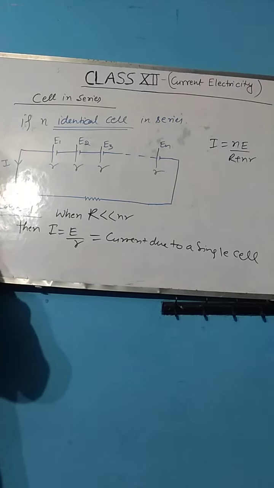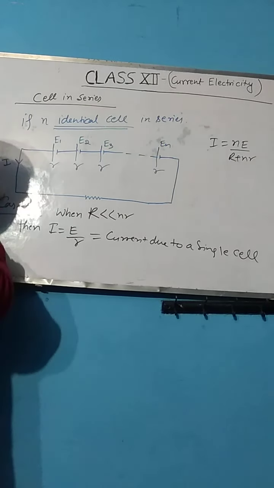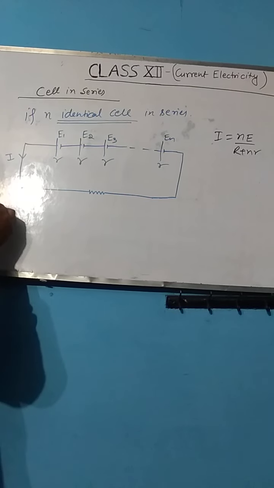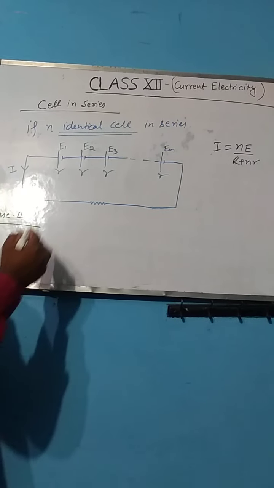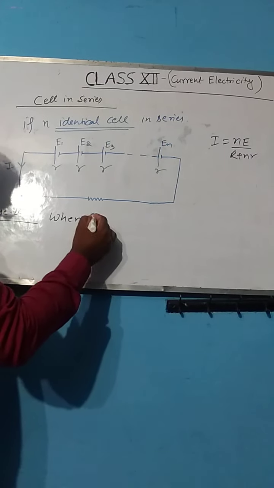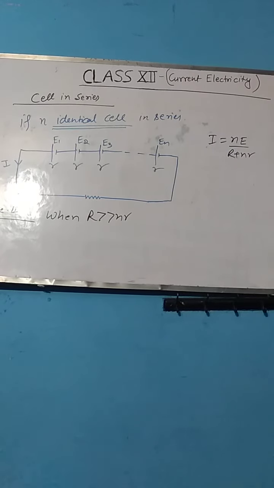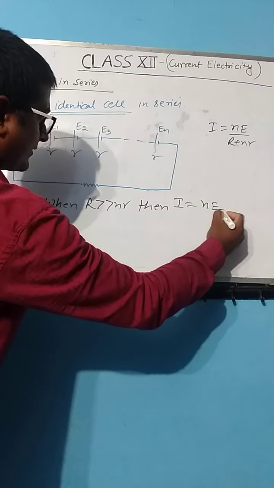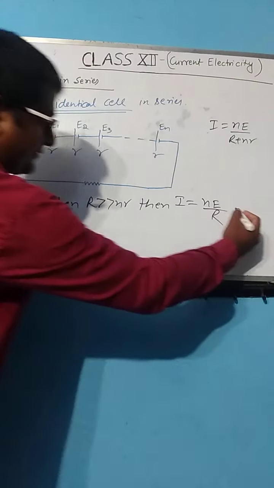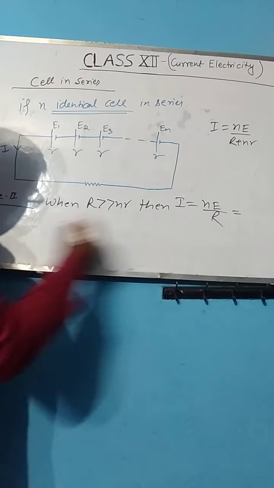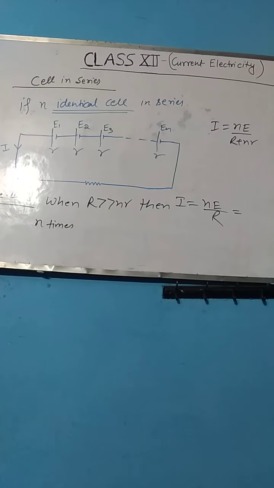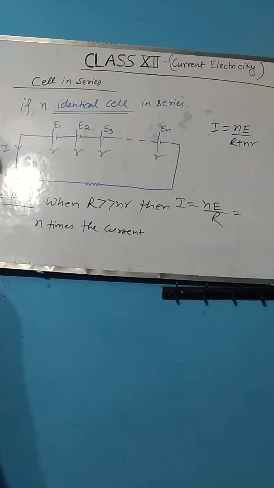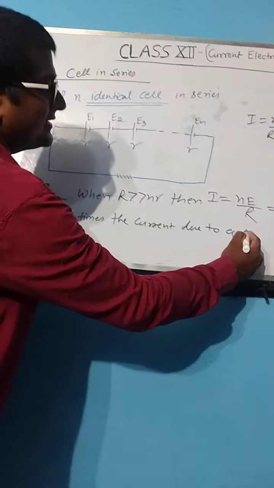For the second case, when R is greater than nr, then I equals nE by R. It means n times the current due to a single cell.